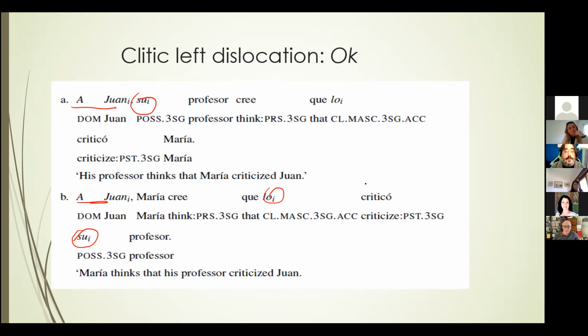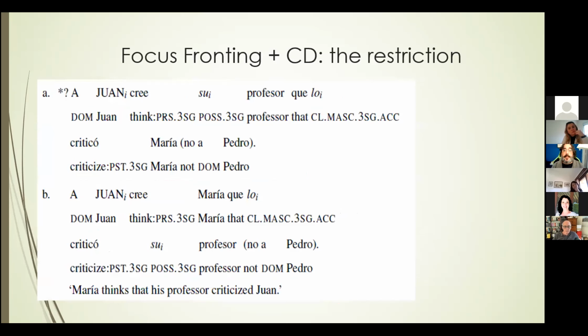And this is perfect. When it comes to focus fronting plus clitic doubling, then we observe the restriction. The position of the possessive is crucial, right? If the possessive is in the matrix clause, like here, then we obtain a weak crossover effect again. Whereas if the possessive is in the embedded clause, then no weak crossover effect.